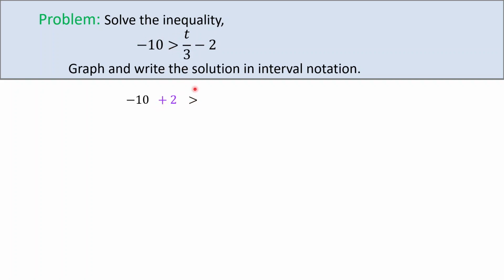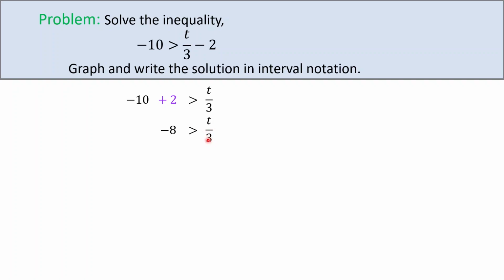Now greater than t divided by 3. Negative 10 plus 2 is negative 8, greater than t divided by 3. You need t, so you need to remove this.